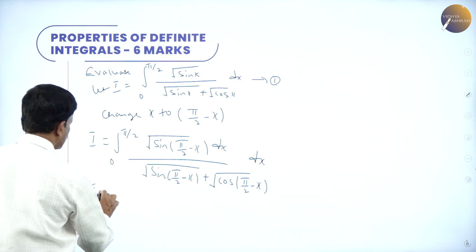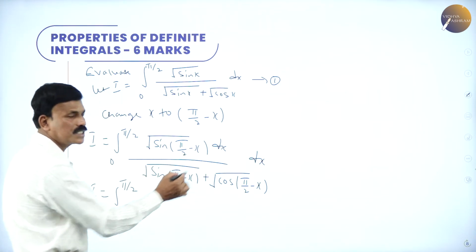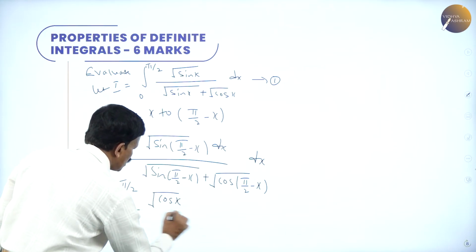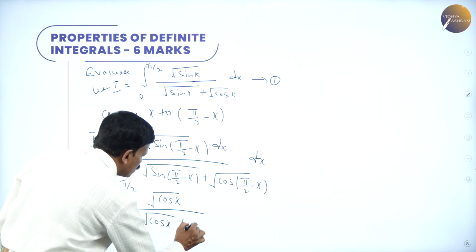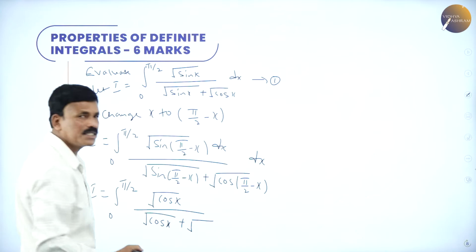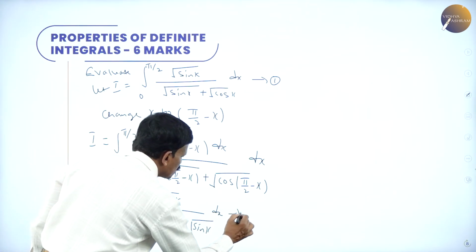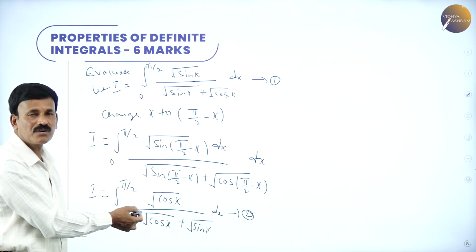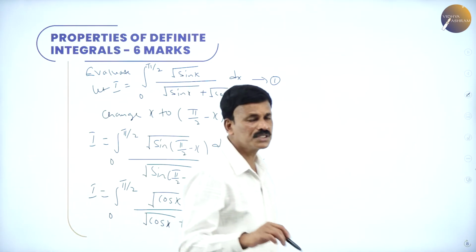This can be written as I equal to integral 0 to pi by 2 square root of, you know what is sin (90 minus theta)? Sin (90 minus theta) is cos theta, so root of cos x divided by root of cos x plus root of sin x, since cos (90 minus theta) is also equal to sin theta. So this is equation number 2. See, wherever there is sin, we have cos in equation number 2. So sin changes to cos, cos changes to sin.